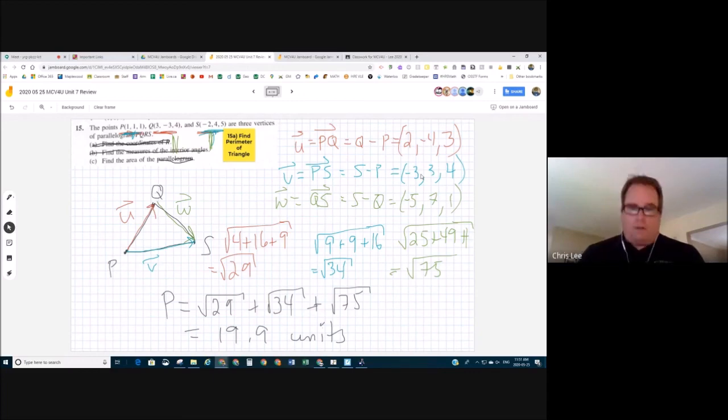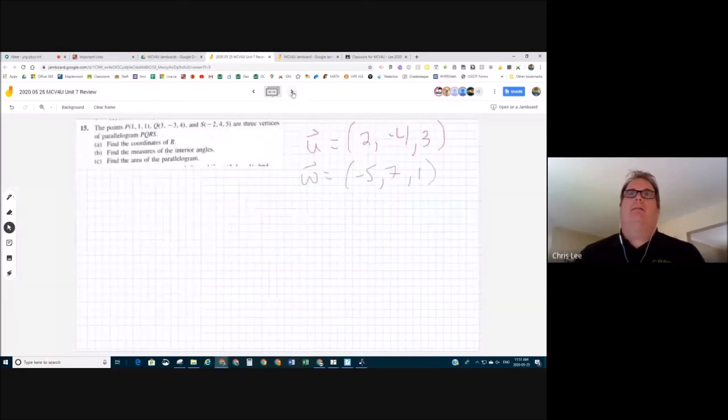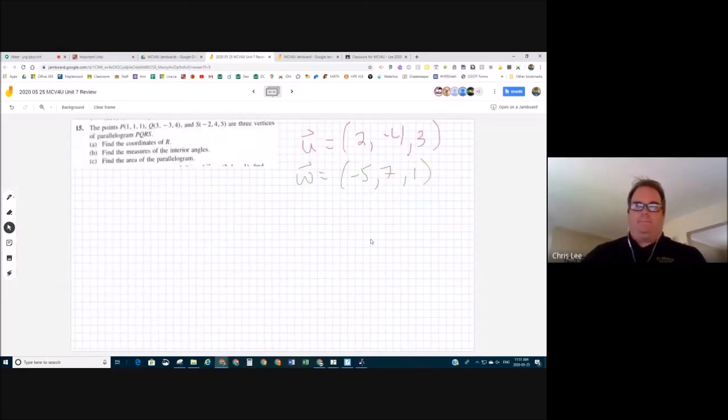So I've got the U vector, which I've already done the math on, is 2, -4, 3. And I've got the green vector, W, which is -5, 7, and 1. Okay, so there they are.